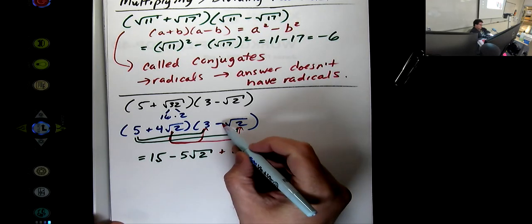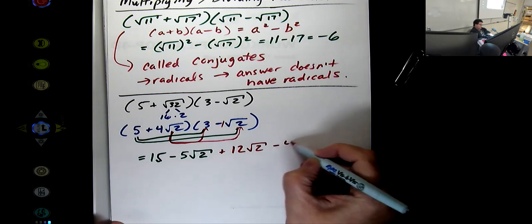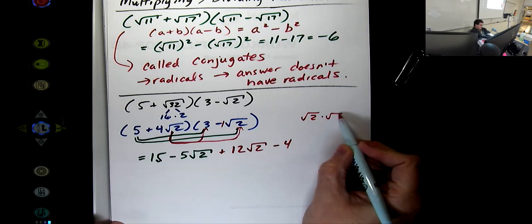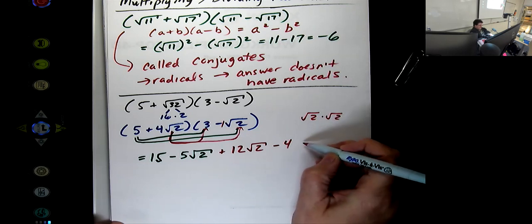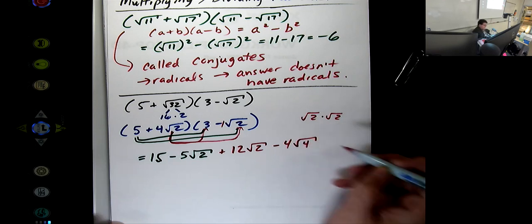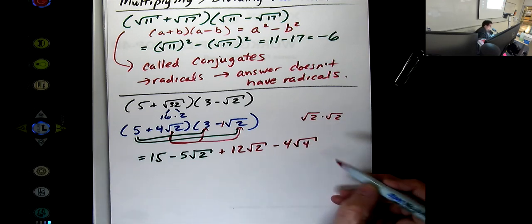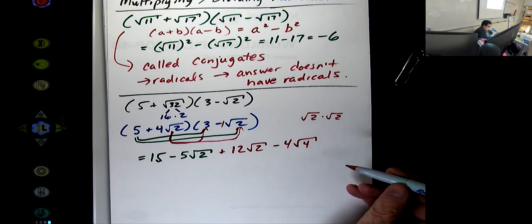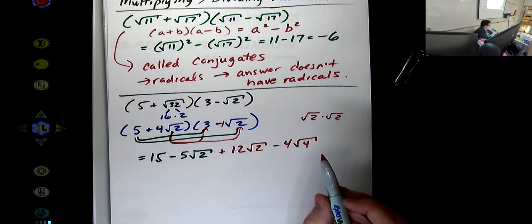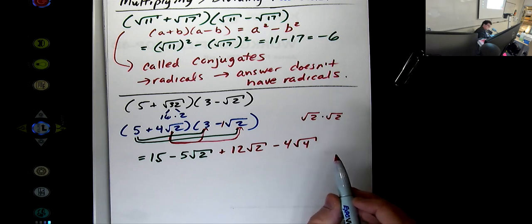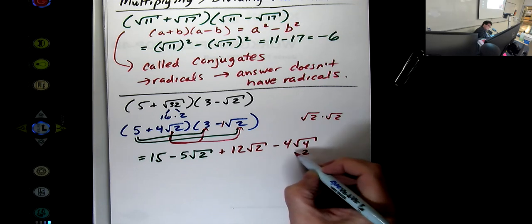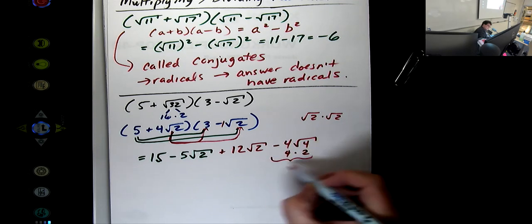This is like a negative 1 out front, so I can say negative 4. And then I multiply the radicals together. Radical 2 times radical 2. I'm actually going to write it in as radical 4 just for a moment. It will simplify. We know that square root of 4 is 2. But just to show you what's actually happening in case it doesn't simplify. So this becomes 2 times 4 right there. This entire thing is negative 8.